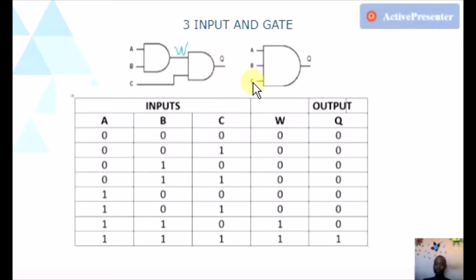We get Q by solving from C and W. 0 times 0 gives you 0, then 1 times 0 gives you 0, then 0 times 0 gives you 0, then 1 times 0 gives you 0, then 0 times 0 gives you 0, then 1 times 0 gives you 0, then 0 times 1 gives you 0, then 1 times 1 gives you 1. That's how we got the output Q here. I hope it's clear.